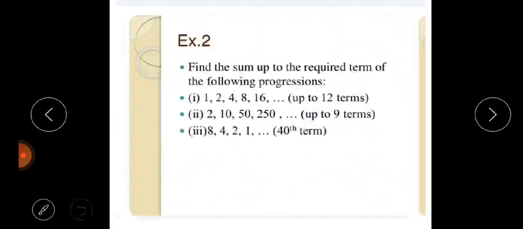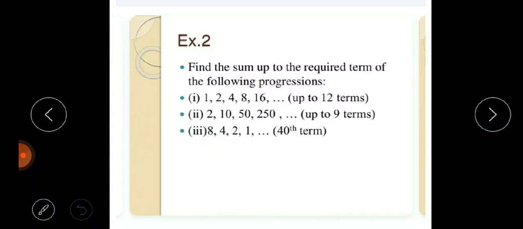Now next, that is 8, 4, 2, 1 up to 40th term. First term is 8 and common ratio is 4 upon 8, which means 1 by 2, and 1 by 2 is less than 1.